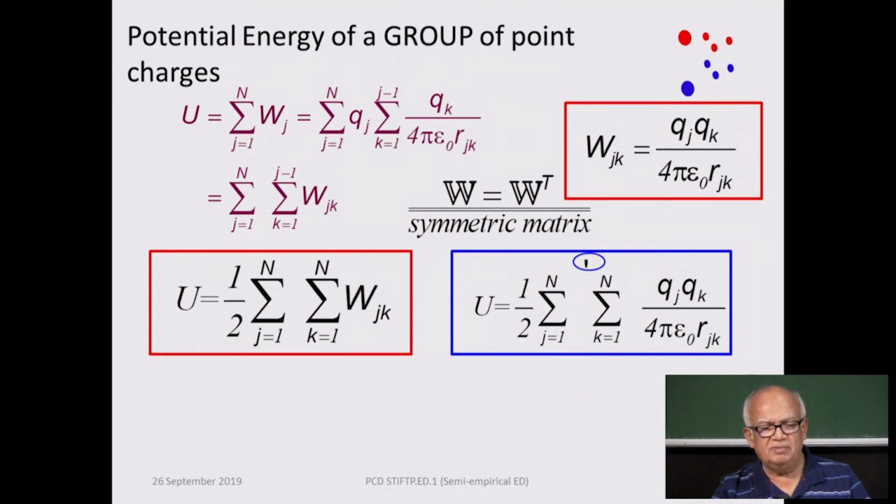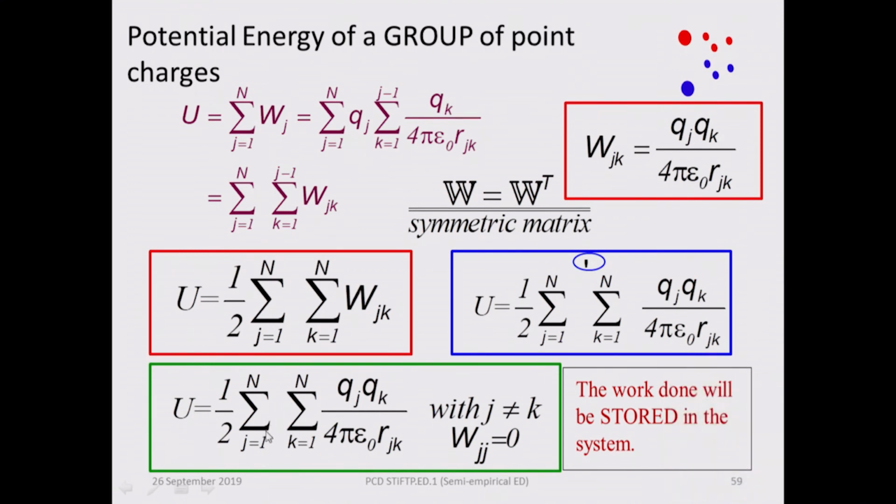So, when you write it in terms of the charges over distance in that form, you must write this prime or some indication, somewhere you must say that k equal to j must be avoided.